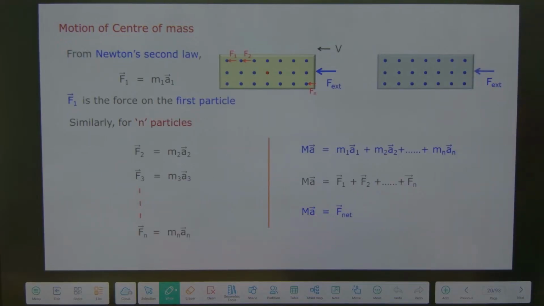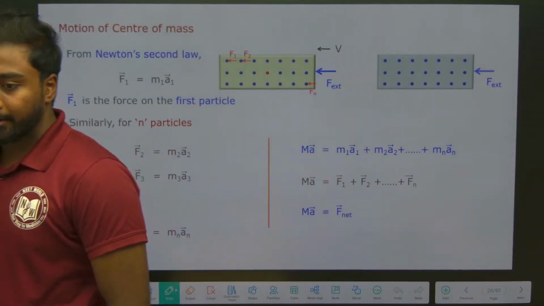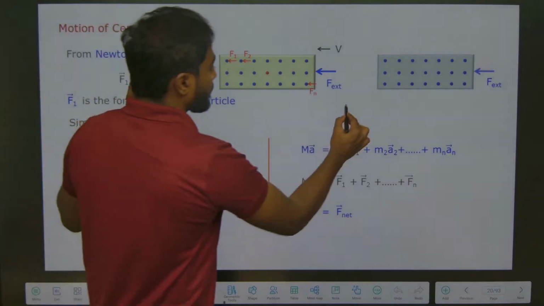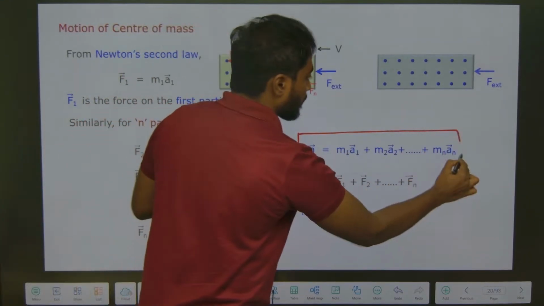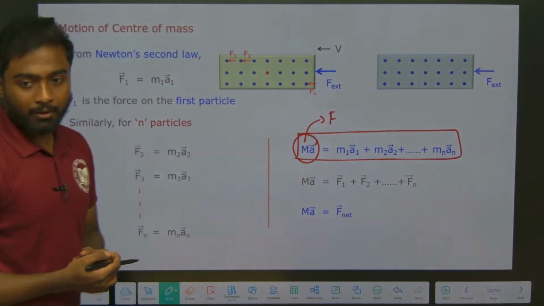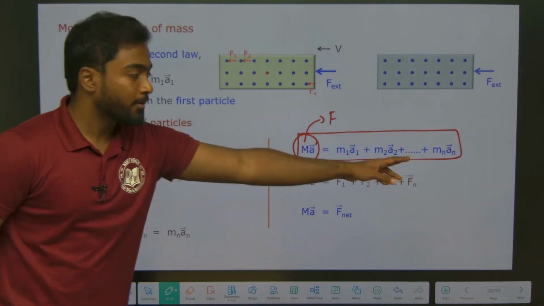Now, we have talked about the velocity and acceleration, no? So now the force. We know that mass into acceleration is known as force, right? So F will be equal to F1 plus F2 plus up to Fn, the same thing.